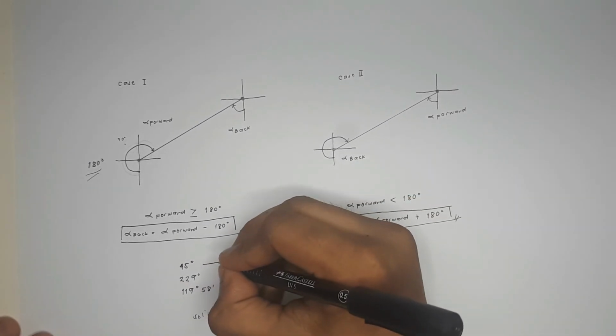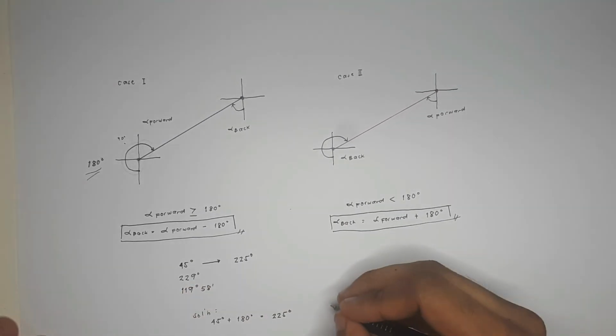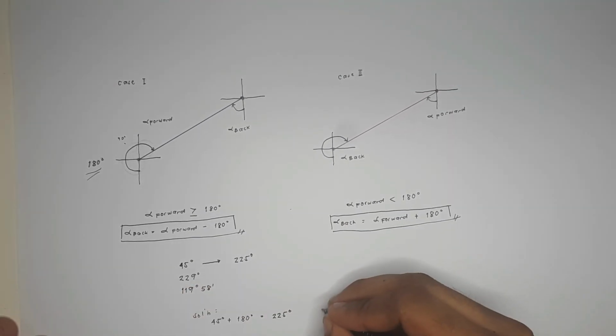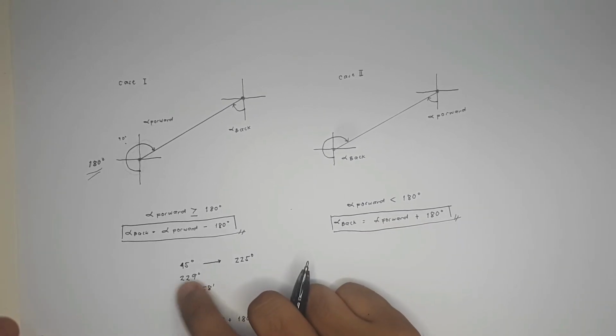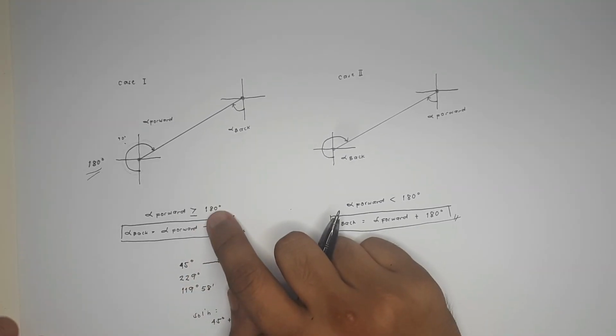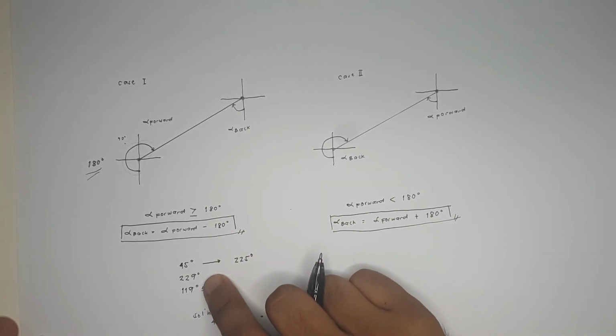Next we have 229. Since this angle is greater than 180 degrees, we need to subtract 180 degrees to get our back azimuth.